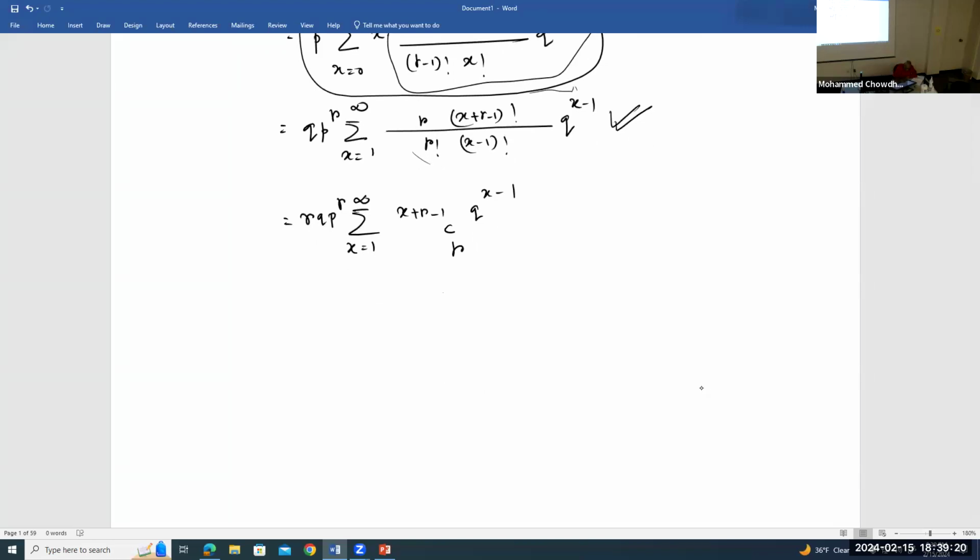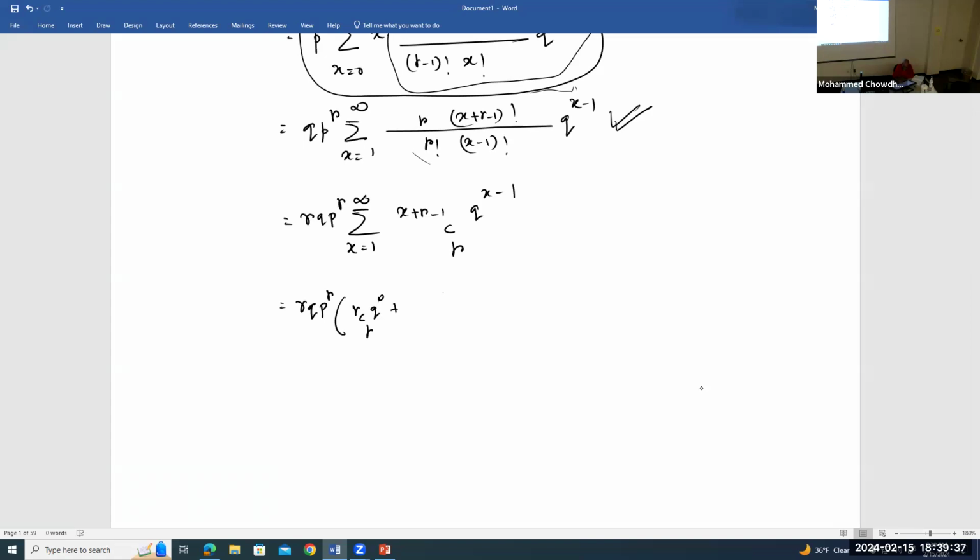So now r q p to the power r, and then if I plug the value x equal to 1, 2, 3, then I get (r choose r) and q to the power 0.